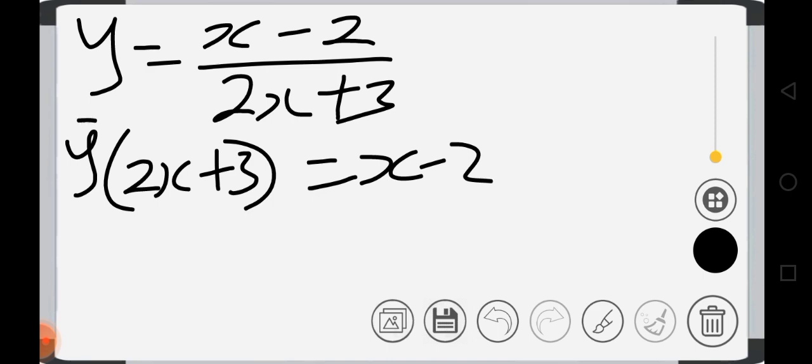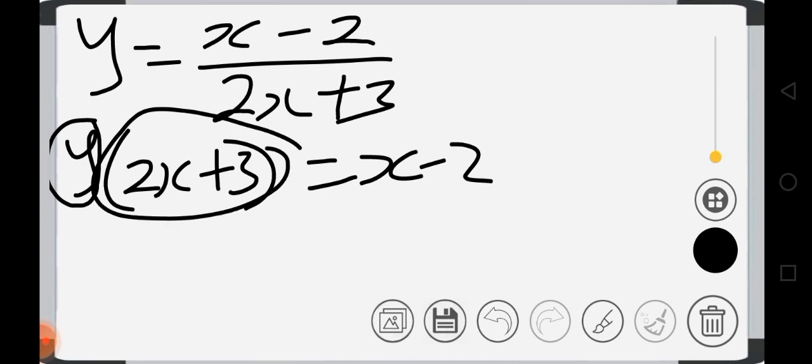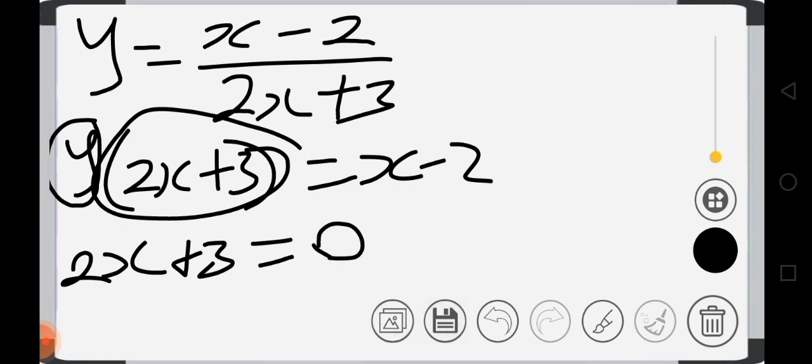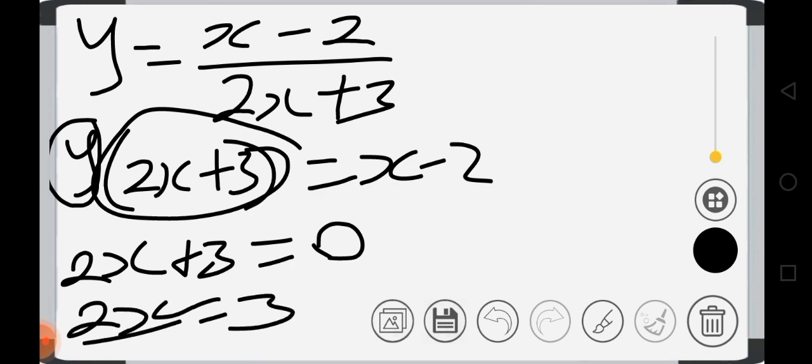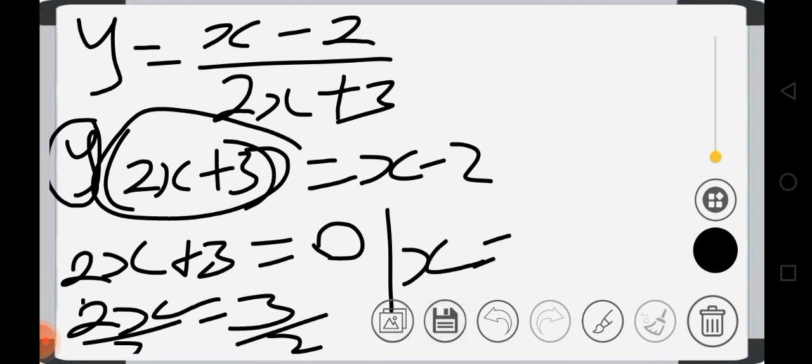The highest power of y here is y to power 1; there's no other y there, and the coefficient is 2x plus 3. So let's equate that to 0. We have 2x plus 3 equals 0, so 2x equals minus 3, and x equals minus 1.5.